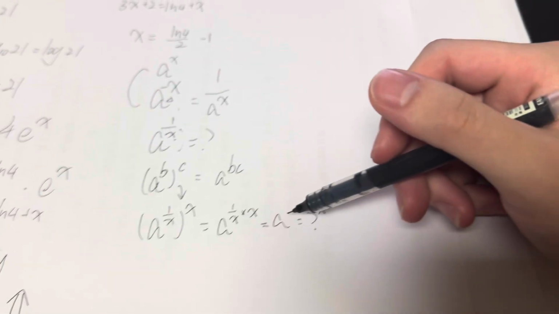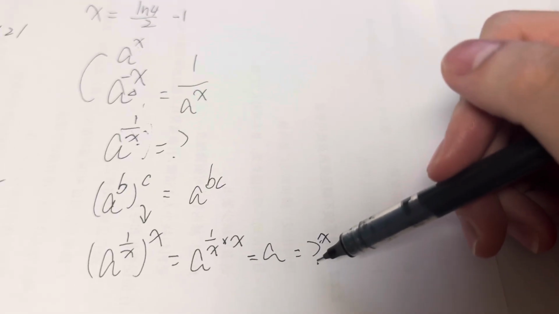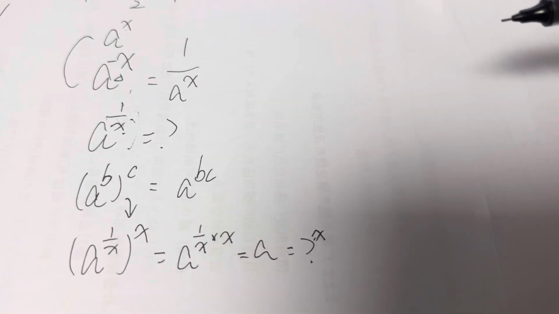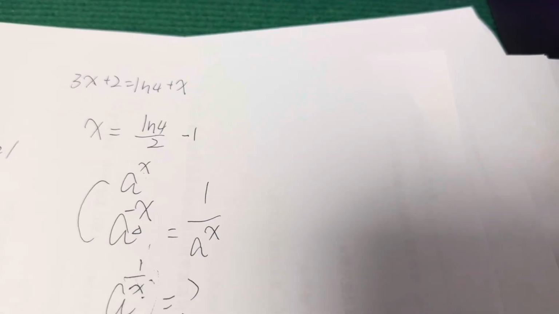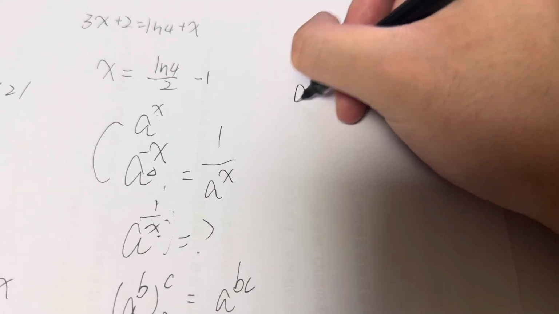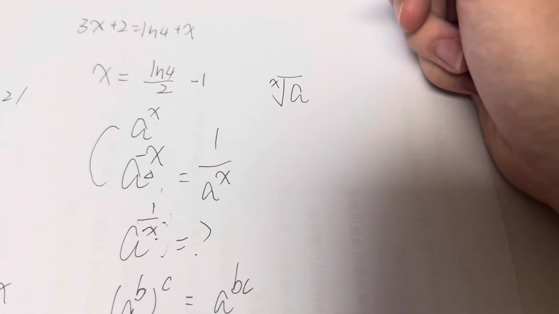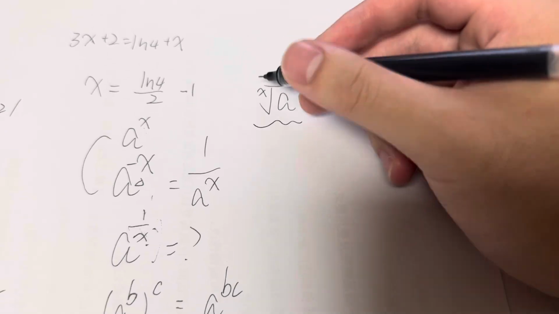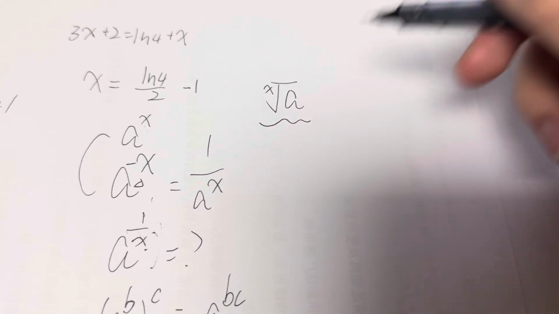Then you guys tell me, question mark equals what? Obviously, we should use what? Root. Which root? I don't know how to say that, but I think you guys can understand what I write here.